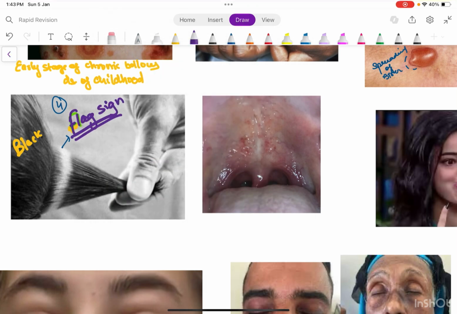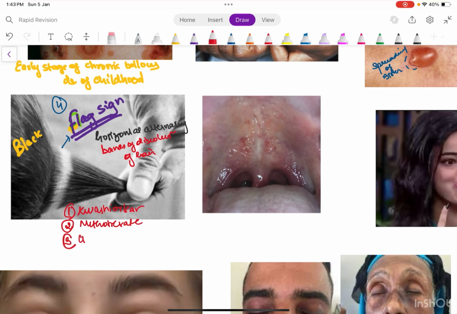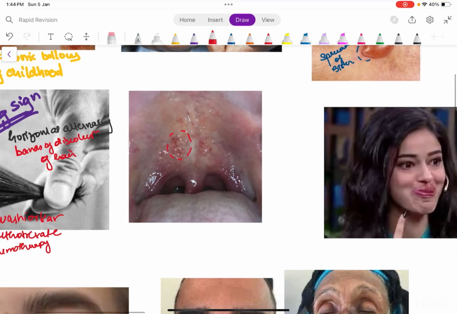Basically, horizontal alternating bands of discoloration of hair. Where it is seen is Kwashiorkor, then it is seen in methotrexate therapy or sometimes chemotherapy.